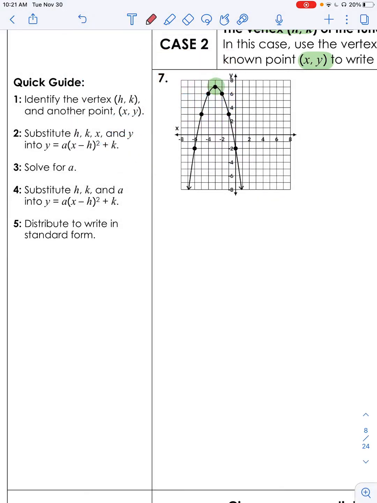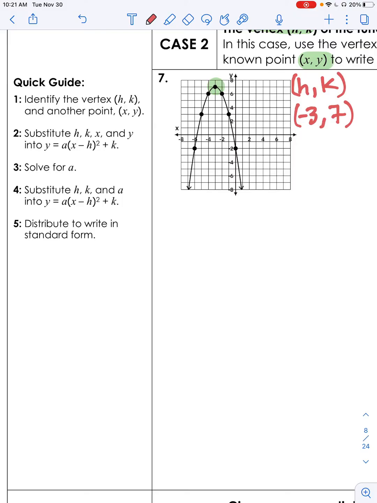Step 1 is to identify the vertex (h, k). So in this case, our vertex is at (-3, 7). So anywhere in the equation, I'll be plugging in -3 for h and 7 for k.